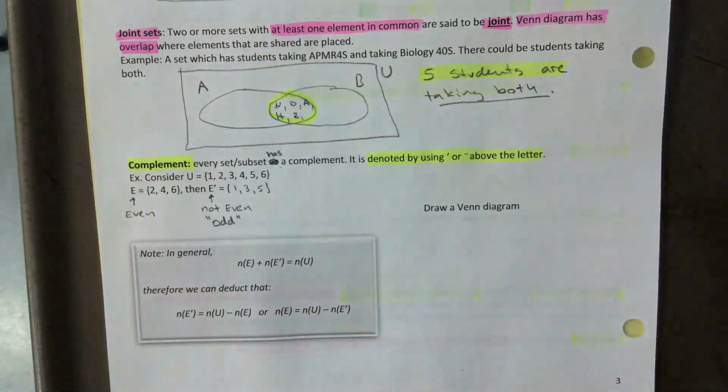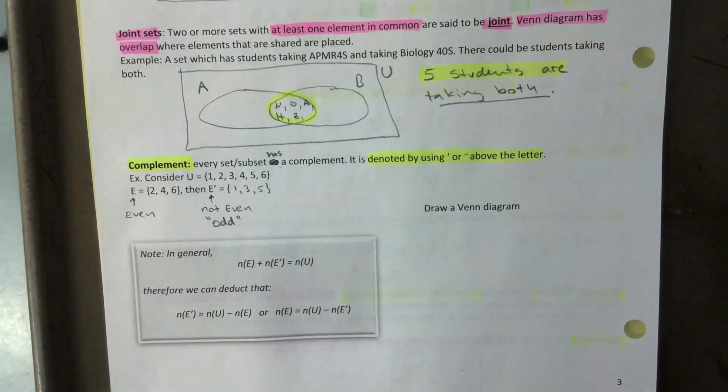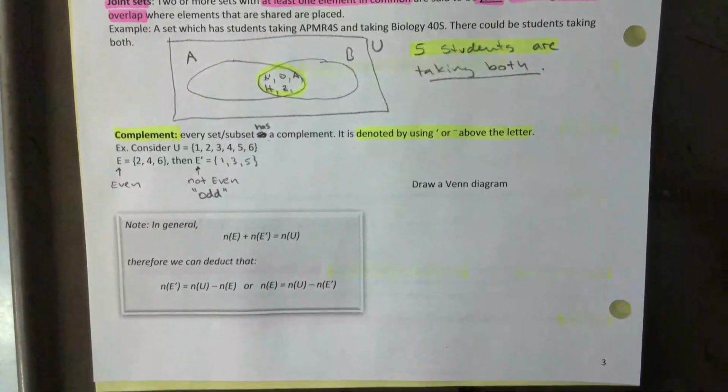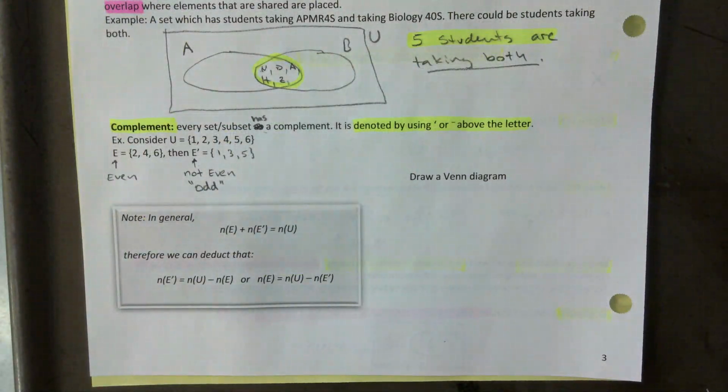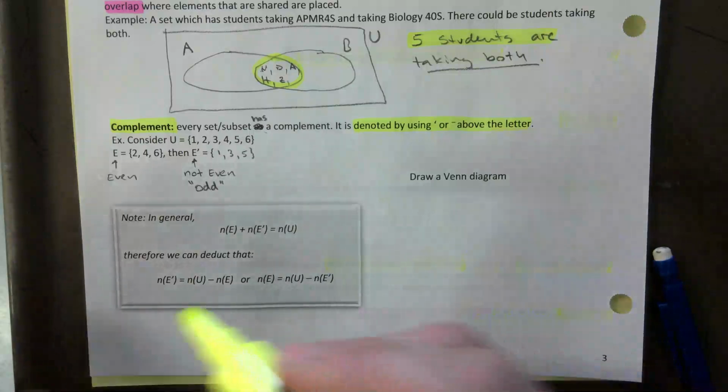Close it. Okay. I think I could have done a better image on this one, but it's going to come back later, so I'll just leave it like that. In general, this is very important.